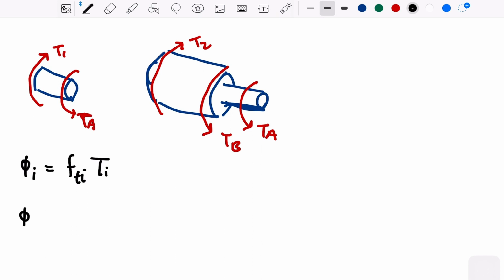Then we get that the twisted angle of A is equal to the twisted angle of 1 plus the twisted angle of 2, and the twisted angle B is equal to the twisted angle of 2.